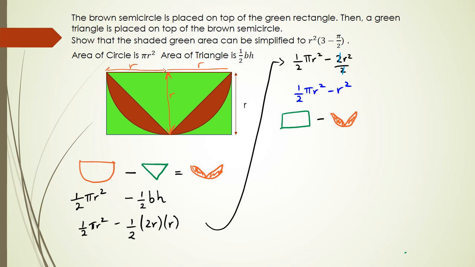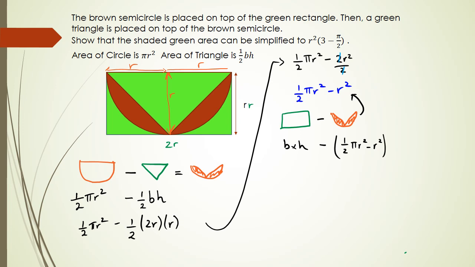Now for the green rectangle, the base is 2r and the height is r. So for the green rectangle, we're going to get base times height minus the area of this funny looking brown shape, which we figured out was that. So we're going to put that in brackets as half pi r squared minus r squared.